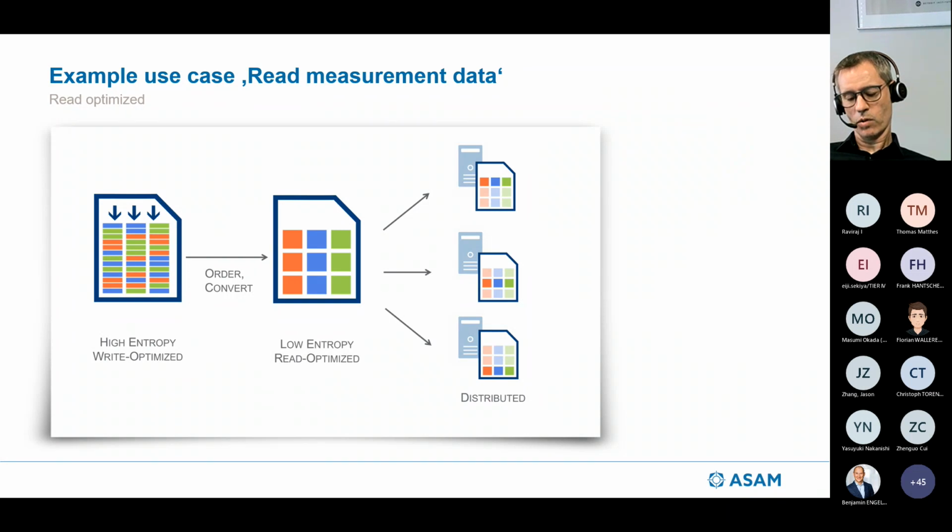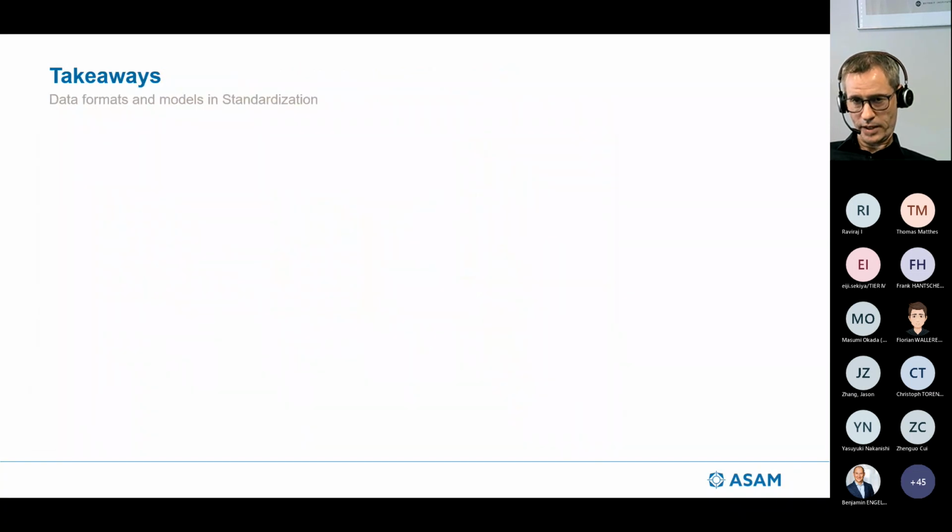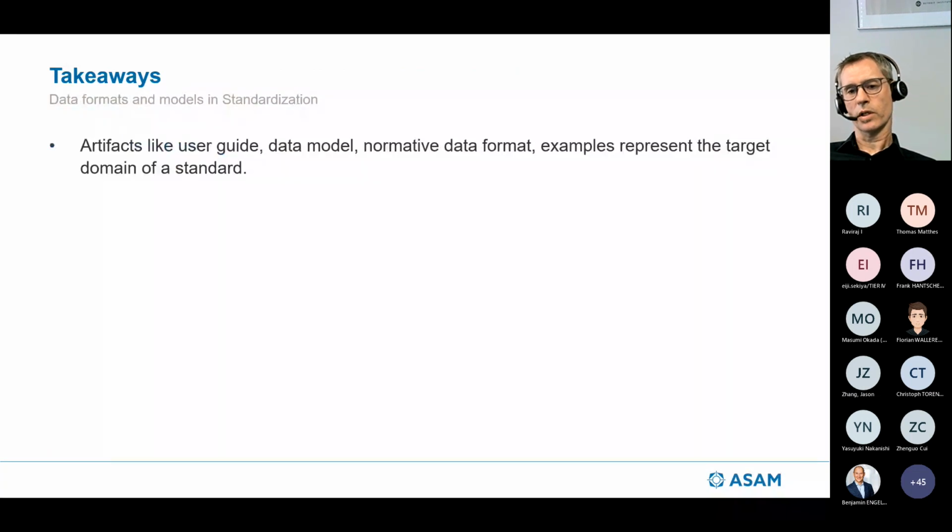And it's the same when you are putting your data into a search engine, for example. The use cases are so different that you have to transform the data into another format just to fulfill your use case.